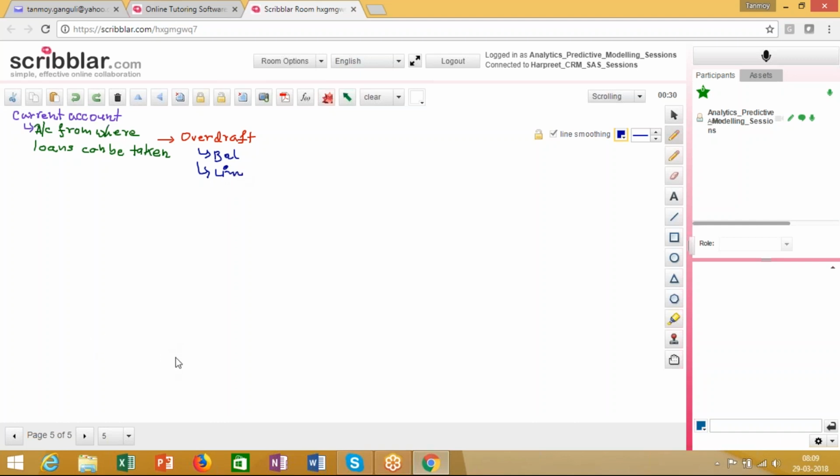So there are these two things: one is balance and the other is limit. Now, what is the limit? The limit is the approved amount, or the approved OD limit.